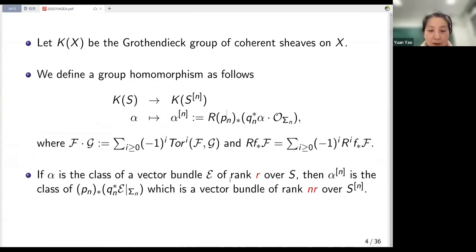So if alpha is the class of a vector bundle, alpha^[n] is just the push forward. You don't have higher direct images, and then you get the class of a vector bundle of rank nr.